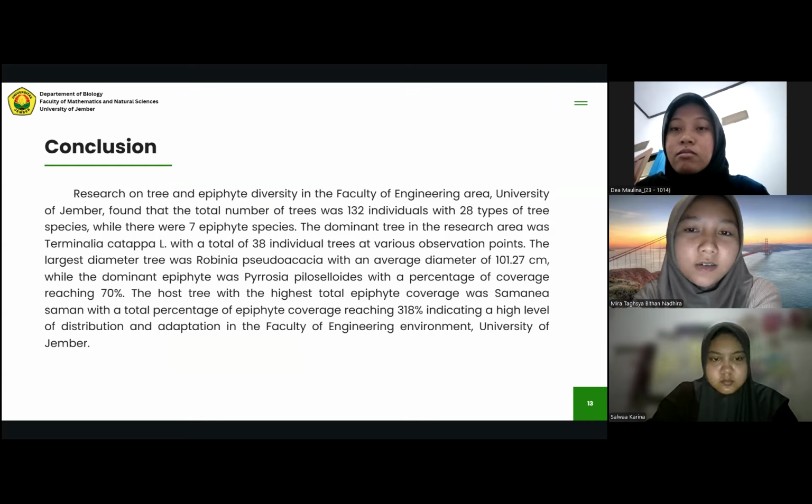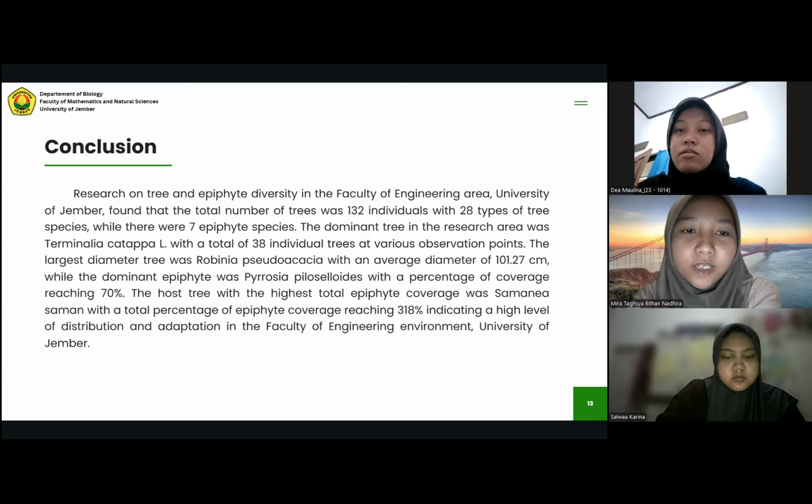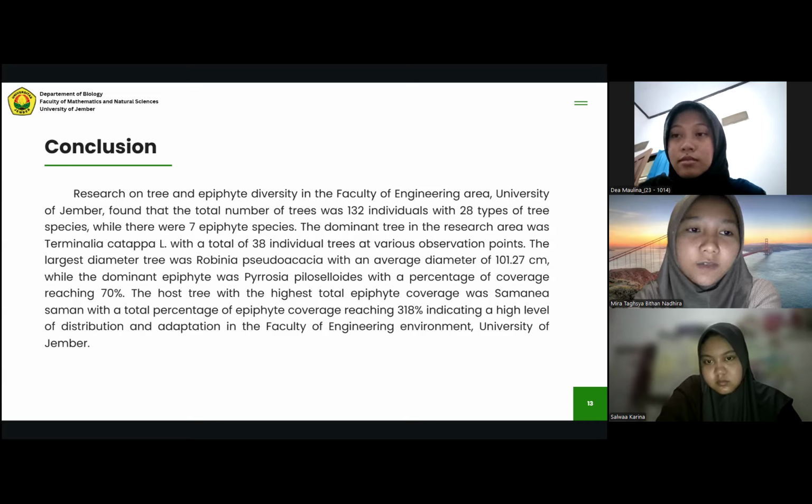The dominant tree in the research area was Terminalia catappa L. with a total of 38 individual trees at various observation points. The largest diameter tree was Robinia pseudoacacia with an average diameter of 101.27 cm, while the dominant epiphyte was Pyrrhosia pilosoides with a percentage of coverage reaching 70%.